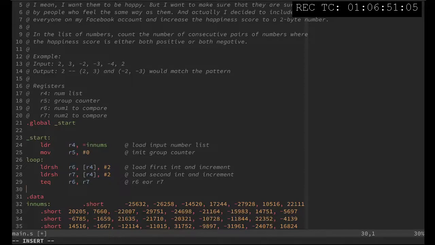And this doesn't store the value anywhere. It just sets the flags depending on what the result is.